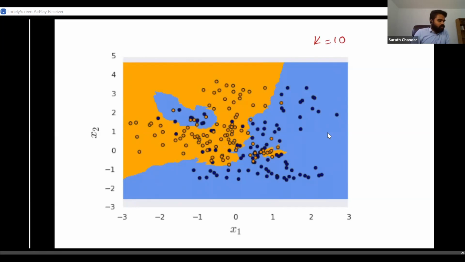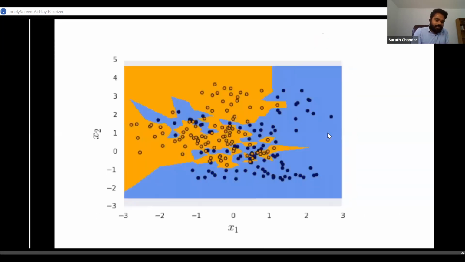So it has a very irregular decision boundary. It seems to be looking good in terms of accuracy when compared to the linear model, but there are still some misclassifications.